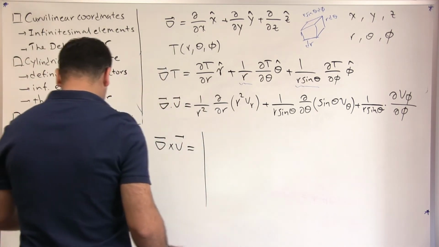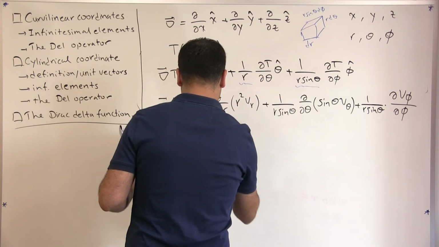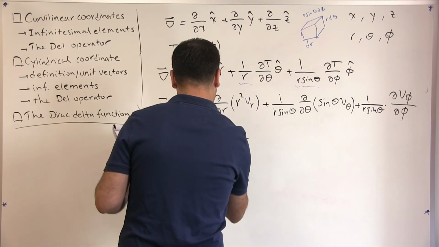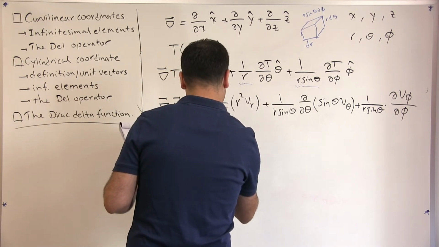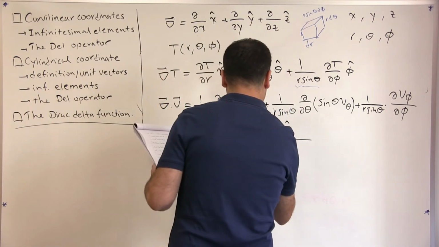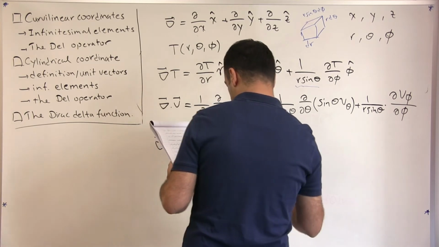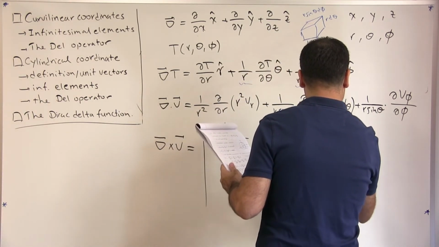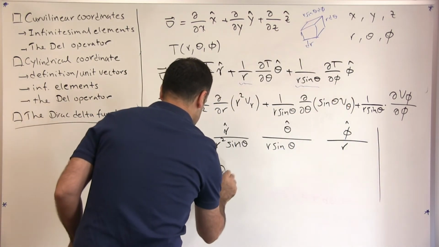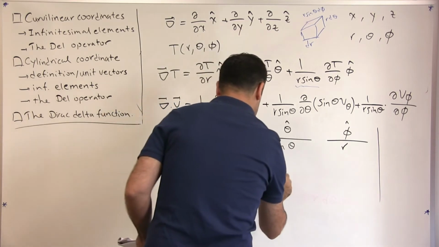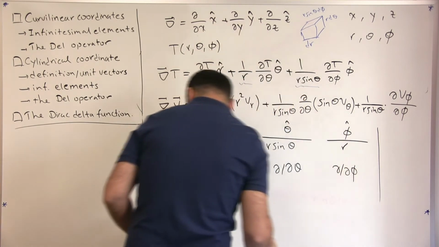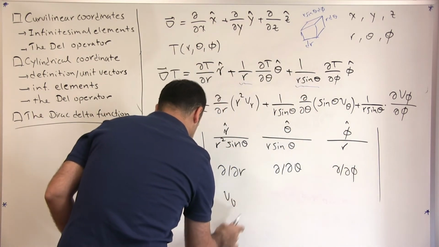The unit vectors on the top are r hat, theta hat, phi hat, but then we have other terms, r squared sine theta here, theta, r sine theta, derivatives here, and then we got v.